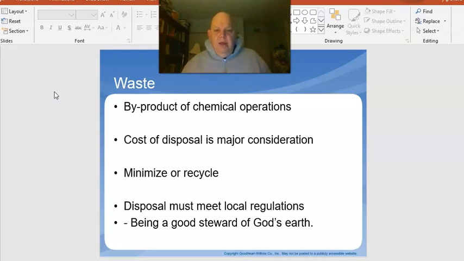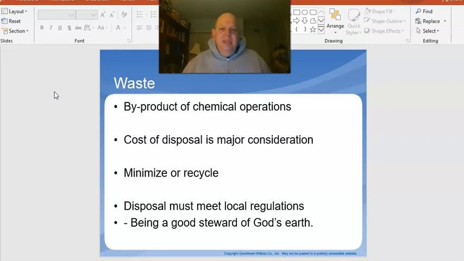So you have to think about it. So how can we deal with that? Well, one way we could do is maybe minimize the waste. Or maybe there are some parts of it where we can recycle it, reuse it in the process. Something along those lines. Now, there is also the disposal.